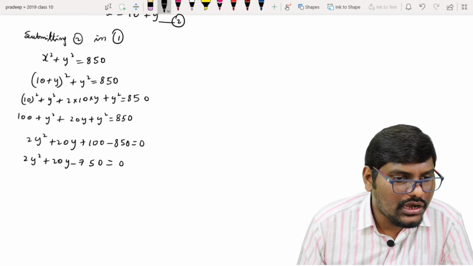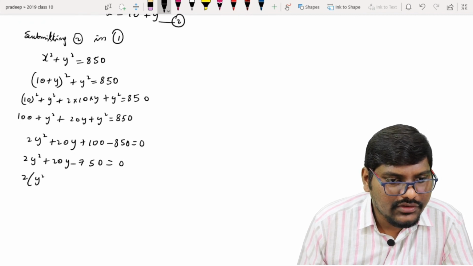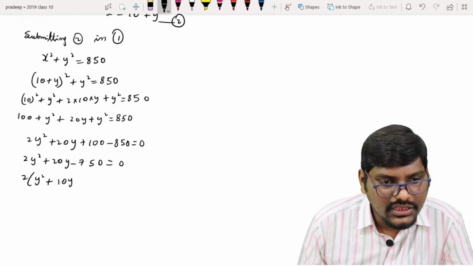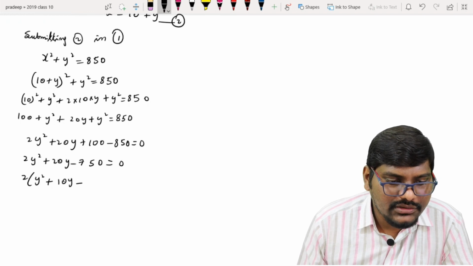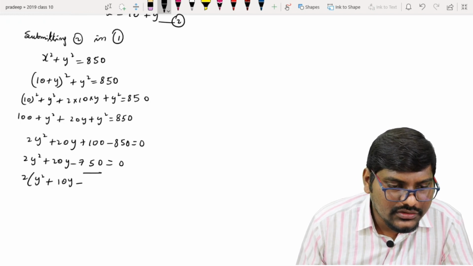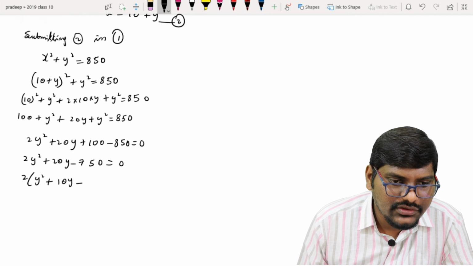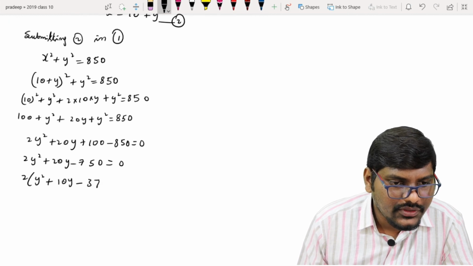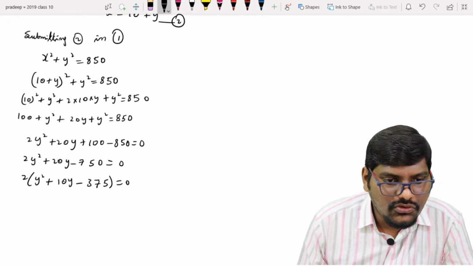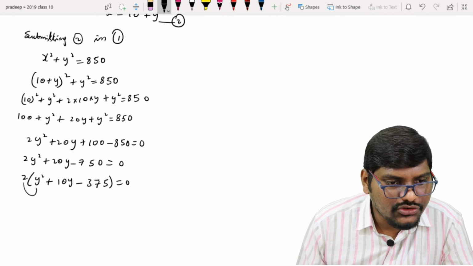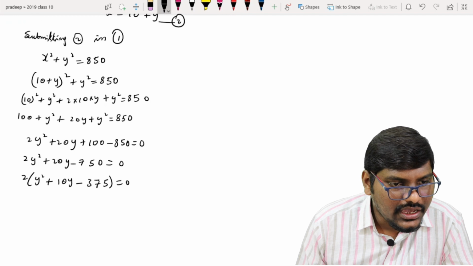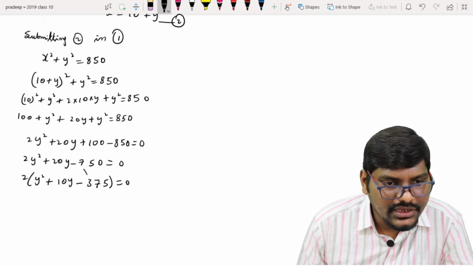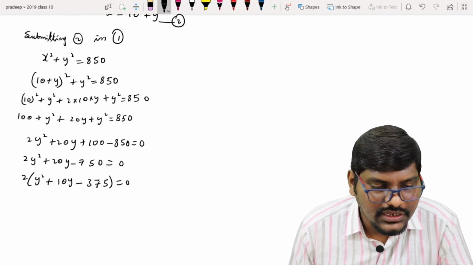See, we can take 2 common here. So this is y square plus 2 tens are 20, and 750 off is nothing but 375 we can take. Alright. So if we multiply again, 2 into y square is 2y square, 2 into 10 is 20, again 2 into 375 will be 750.